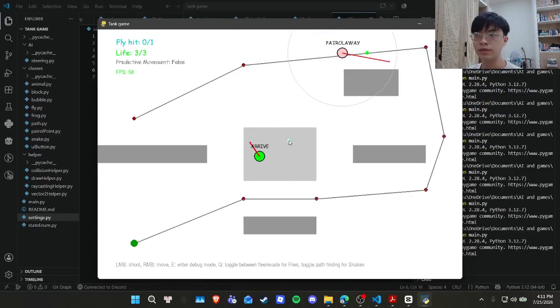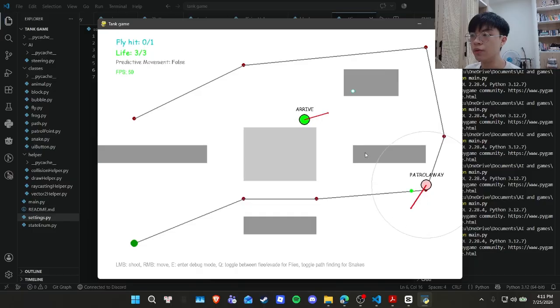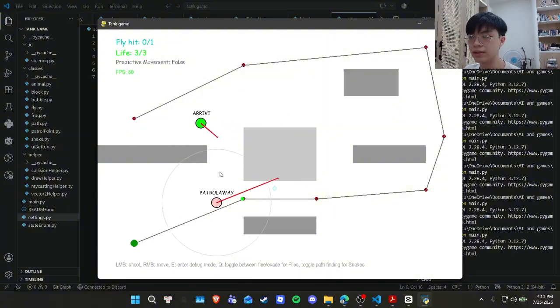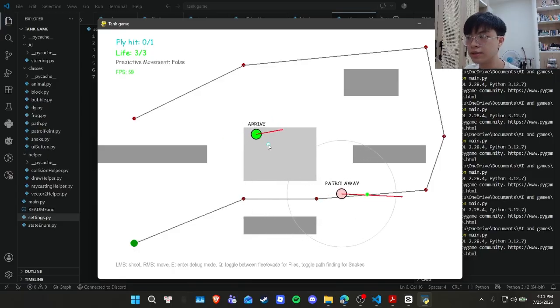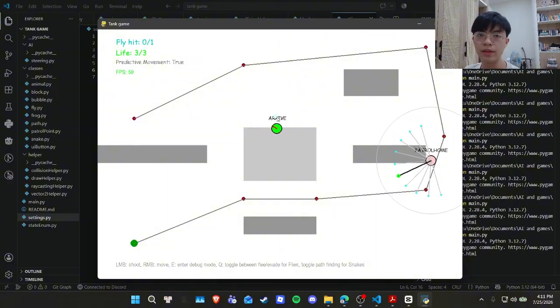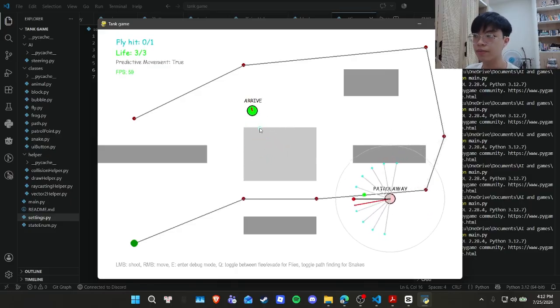Now let's get to the snake finite state machine. The snake will patrol away, where it will follow the predefined path. As you can see right here, it has a green dot, which is the target point for the snake to follow, so that it gets close to the path.